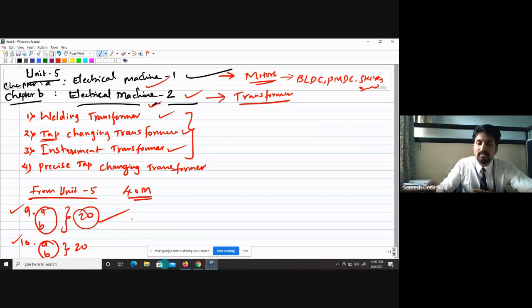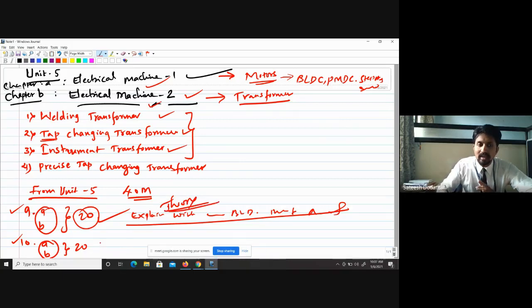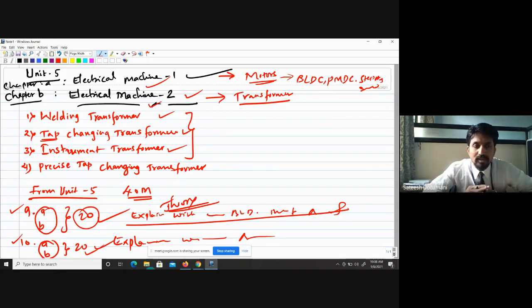They may ask you to explain with a neat diagram the concept of BLDC motor and mention its advantages and disadvantages. Theory type of questions will be there. There is no numerical or derivation. Similarly here, explanation type questions will be asked with diagrams, advantages and applications. This is the pattern of questions which appears in the examination.